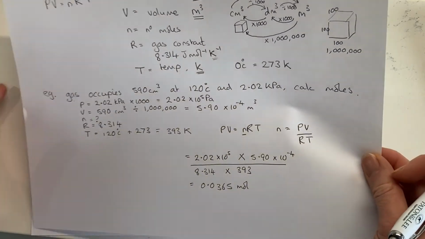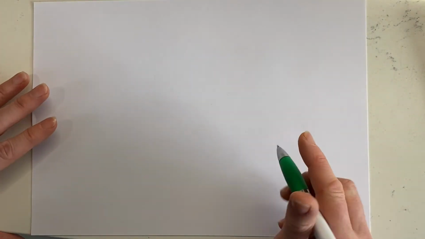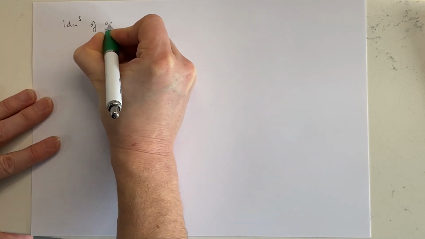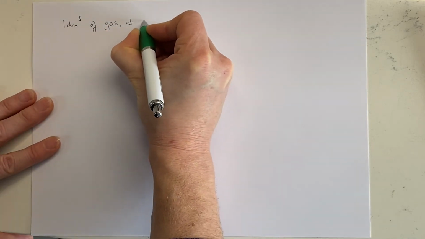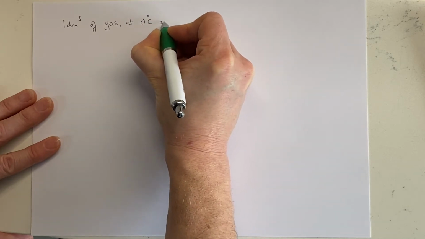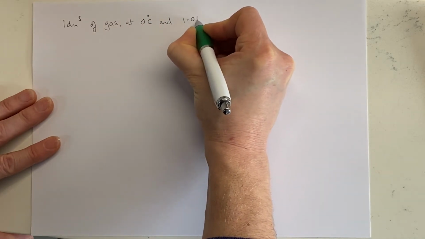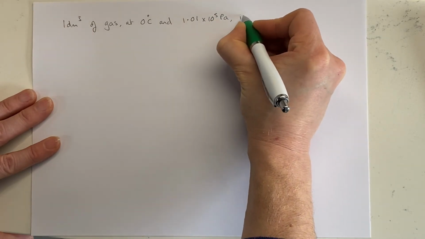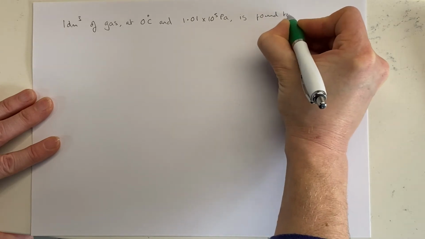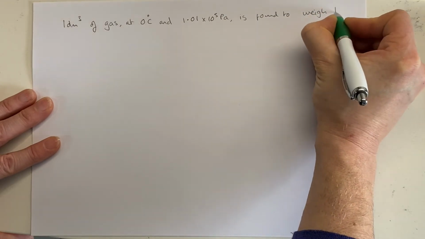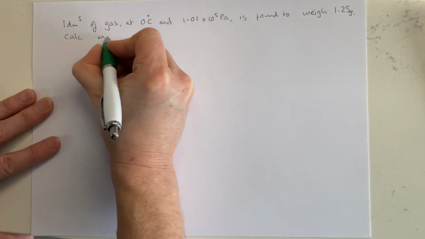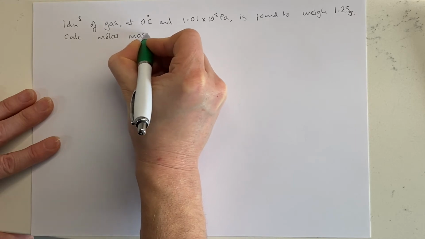So you might get asked a slightly different question, a variation on this. So in this question, we're told that 1 decimeter cubed of gas at 0 degrees C and 1.01 times 10 to the 5 pascals is found to weigh 1.25 grams, and we're asked to calculate the molar mass of the gas.